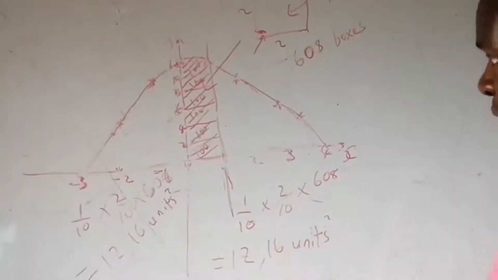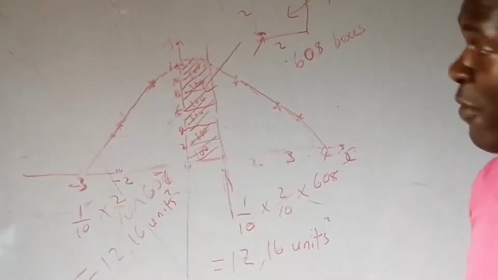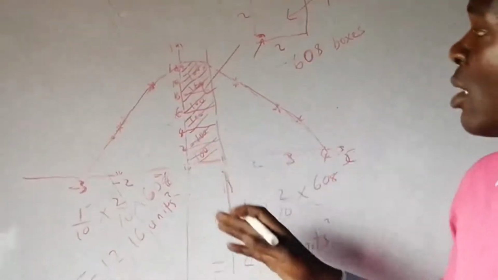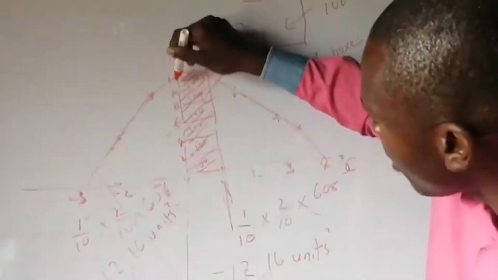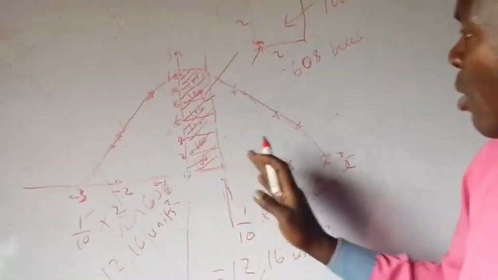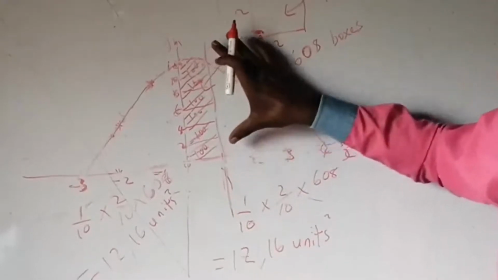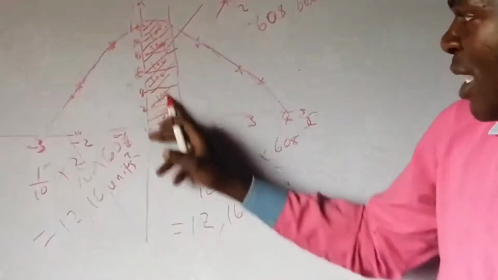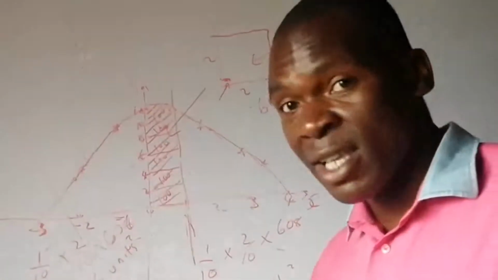I shall summarize what I did. I first identified the region whose area is required. The area of this region is obtained by finding the total number of boxes here and multiplying by the area of a single box.